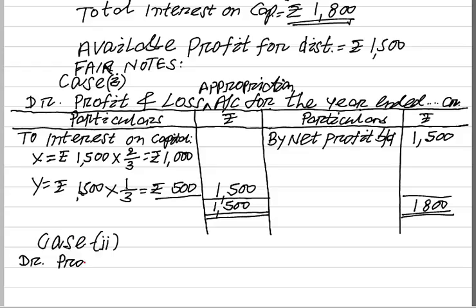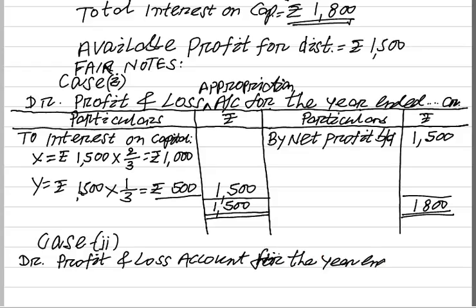In the second case, only a profit and loss account for the year ended 1 2 3 4 will be prepared.